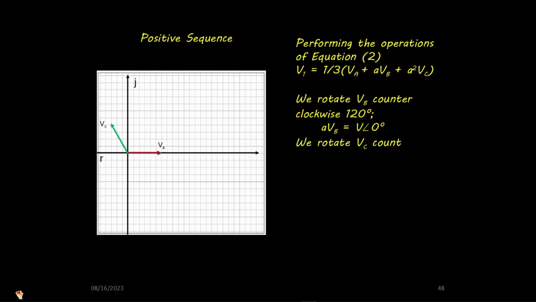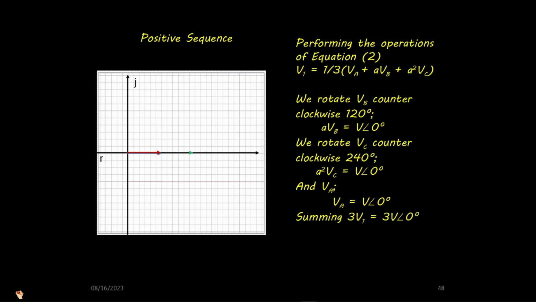We rotate VC counterclockwise 240 degrees: A squared times VC equals V at 0 degrees. And VA equals V at 0 degrees. Summing, 3V1 equals 3 times V at 0 degrees. Dividing by 3, we get V1 equals V at 0 degrees, the positive sequence voltage.